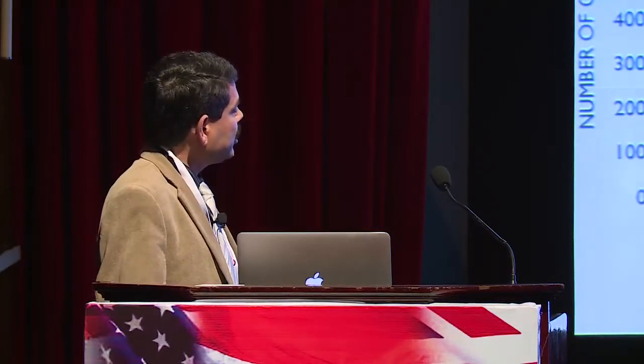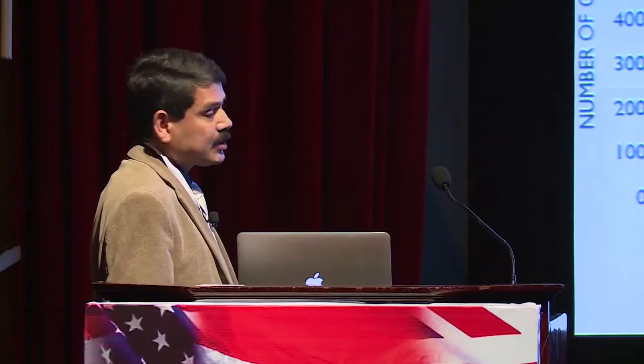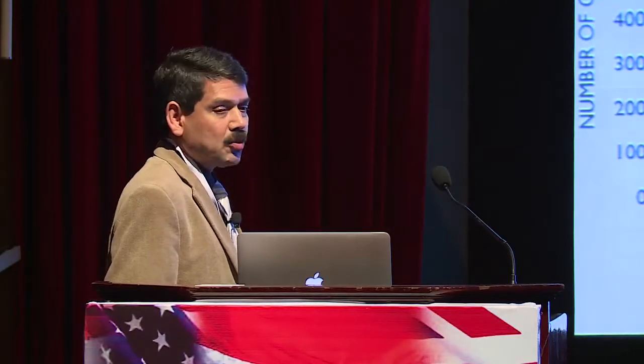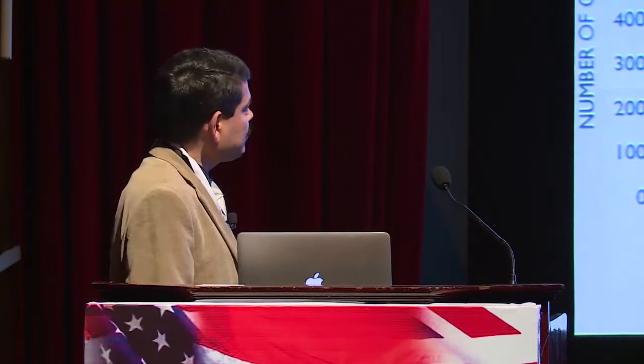If you look at the mortality during the period 2000 to 2007, the upper line represents HCC. HCC is the most predominant form of liver cancer, which accounts for more than 75% of liver cancer. If you look at the numbers, there's a more than 50% jump during a short period of 8 years only. So this is a stunning increase in mortality during a very short period of 8 years.